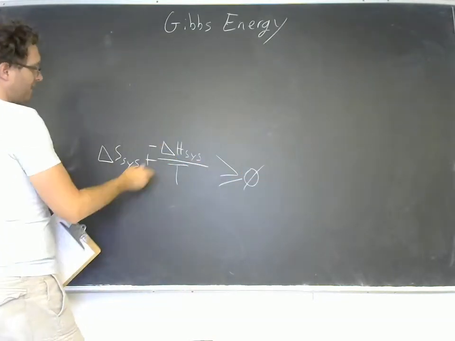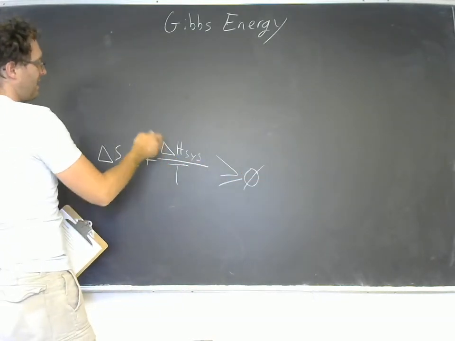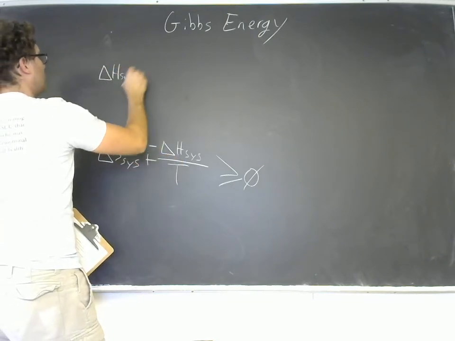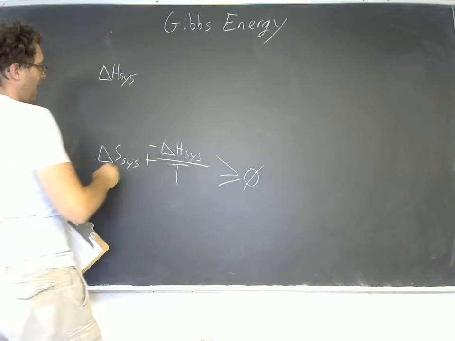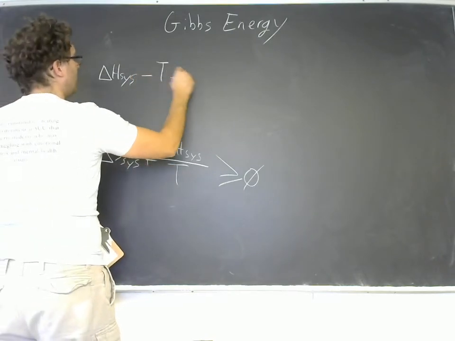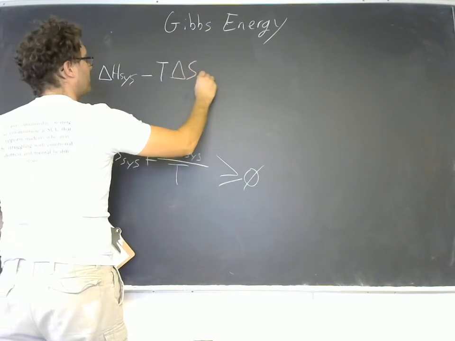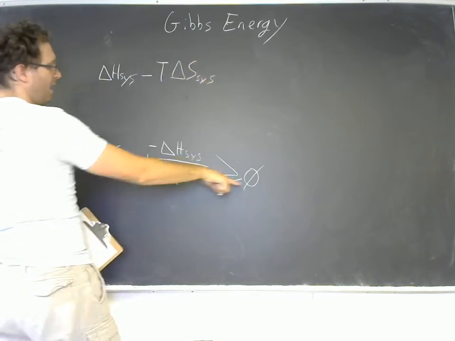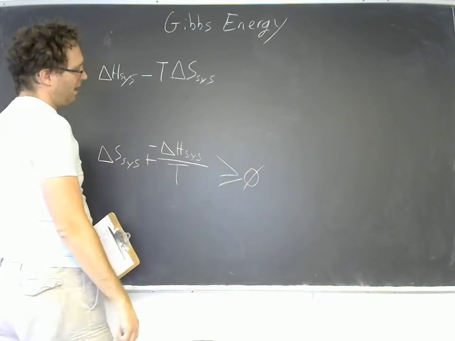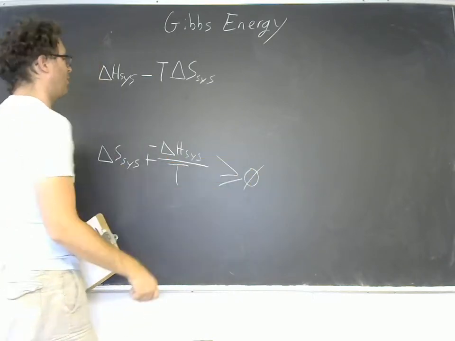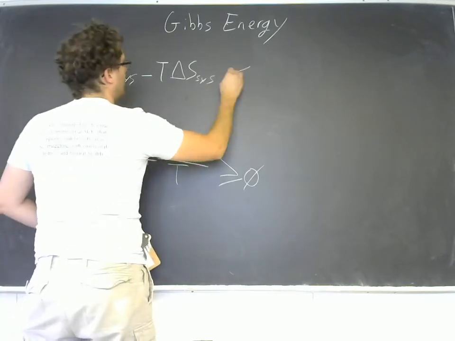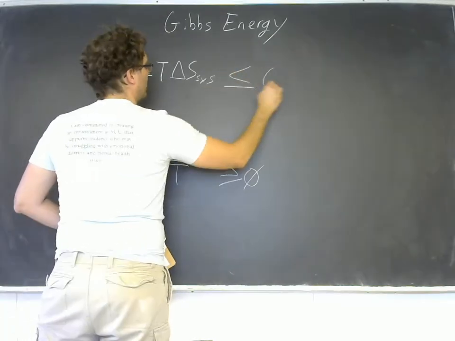On the left side, if we multiply by negative T, then we'll get just a delta H for the system, and we'll have a negative T delta S for the system. And then I lied a little bit. I said multiplying by negative T was not going to affect anything over here, but it is going to change our greater than or equal to sign to a less than or equal to sign.